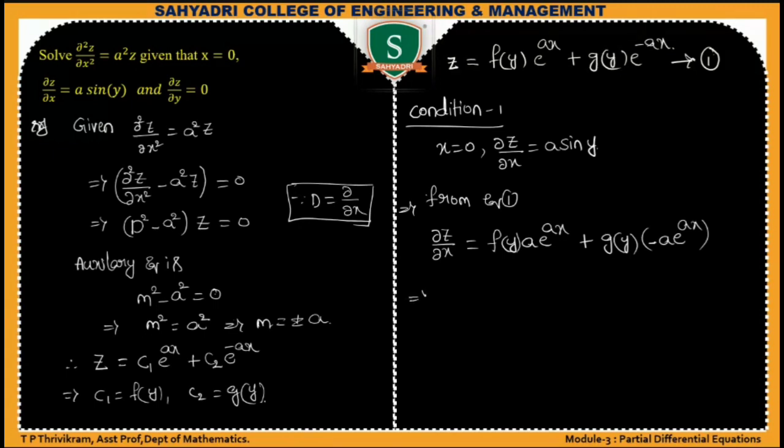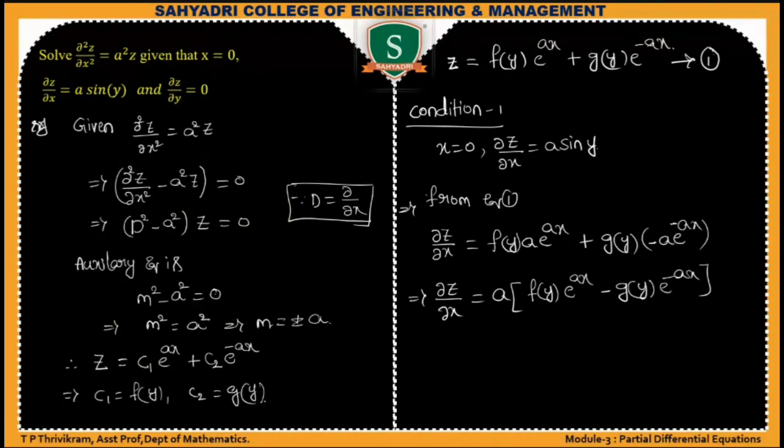So dou z by dou x is equal to a into f of y e power ax minus a into g of y e power minus ax. So we got this expression, but dou z by dou x at x equal to 0 we need to find.